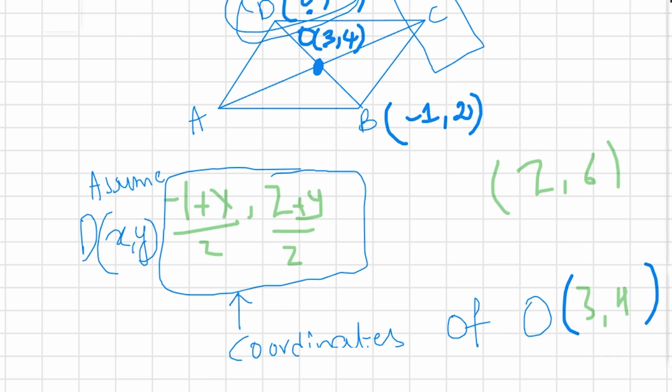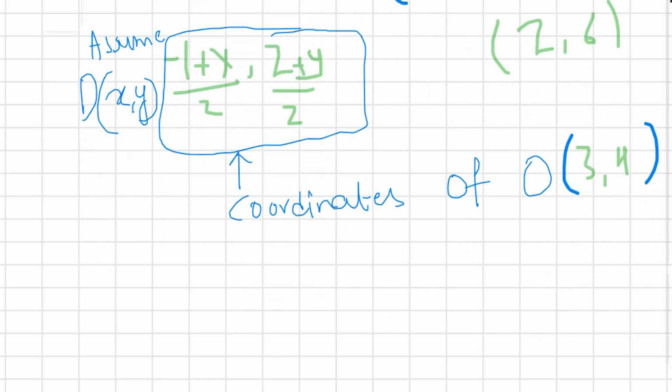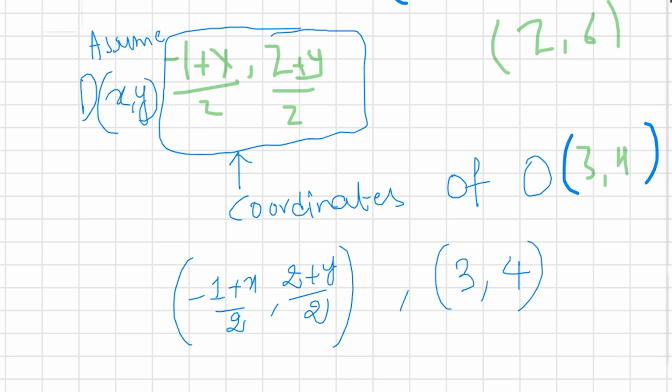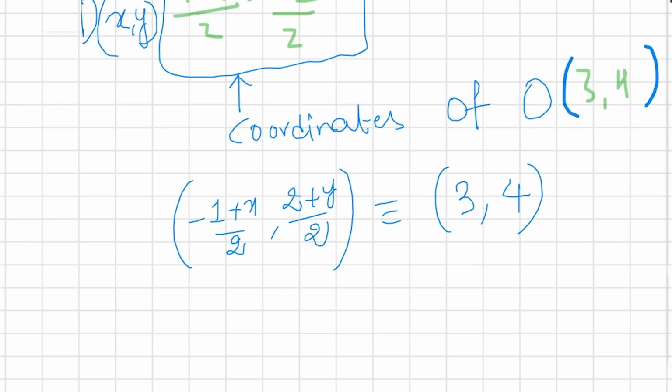Yeah. So we have understood that the coordinates of O should be this one, and this should also be equal to 3, 4. So these two are equivalent. You equate x with the x coordinate, y with the y coordinate.